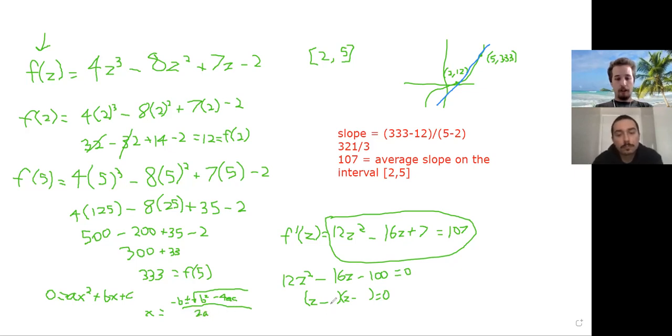And that'll get you the x values, or I guess z values in this case. So our a is 12, right? Our a is going to be 12 here. Our b is negative 16. And our c is negative 100.